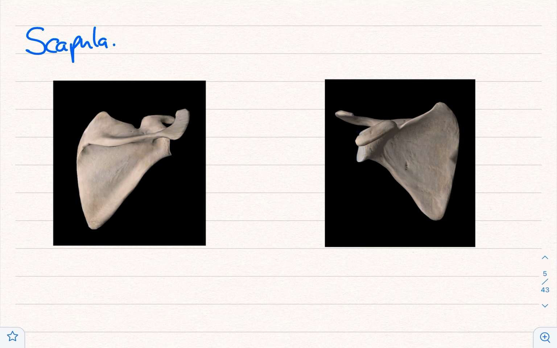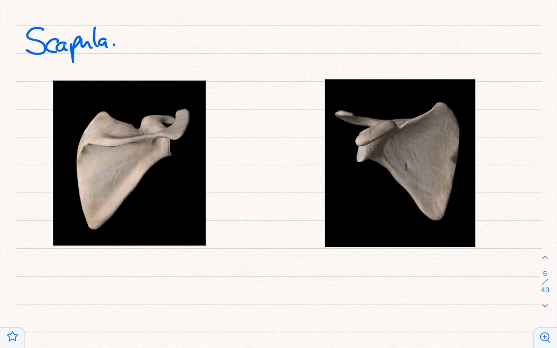There. Okay, this bit. That is called the glenoid fossa, or glenoid cavity. That is where the scapula is going to articulate with the humerus. That is the ball and socket joint of the shoulder.